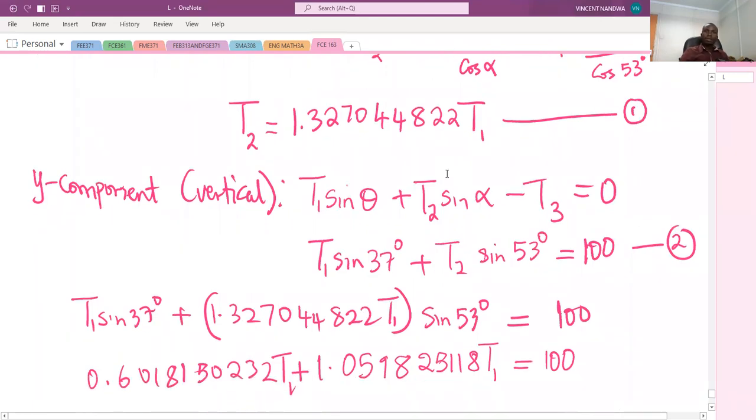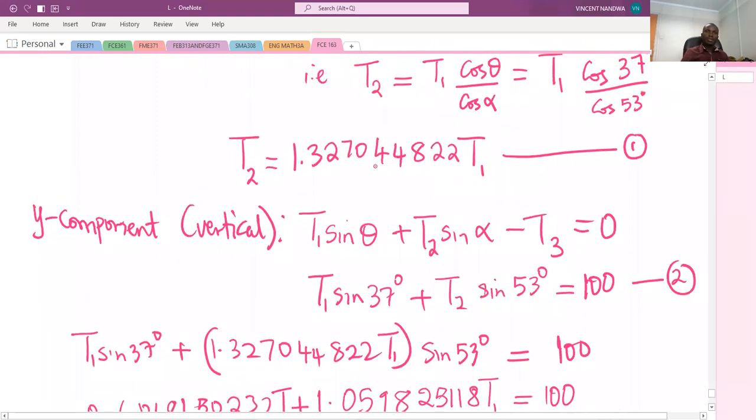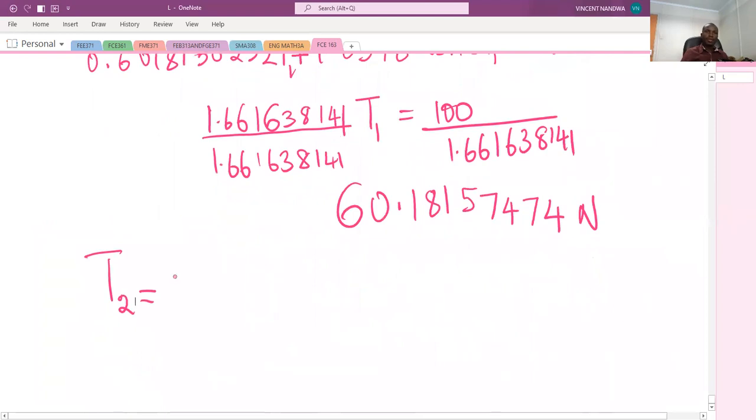So take this value, 1.327044822, times what you have gotten as T1, and we get T2 to be 79.86364714 newtons.